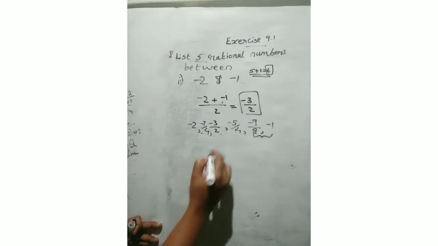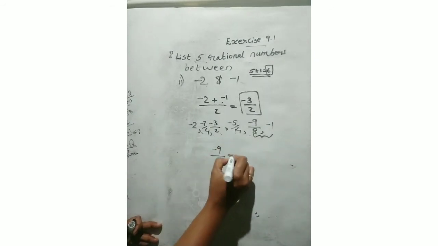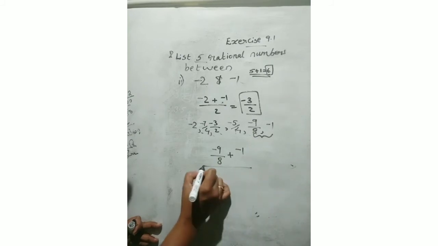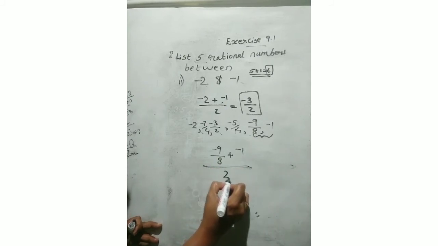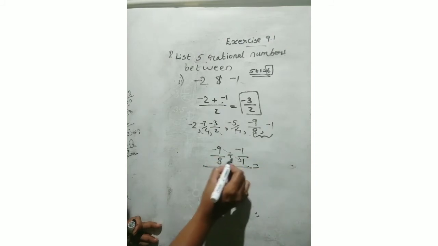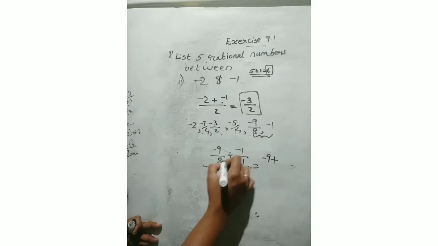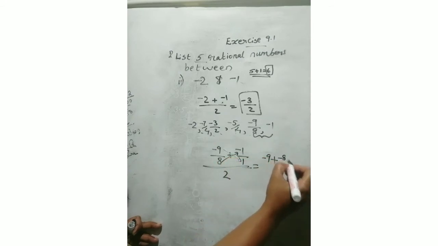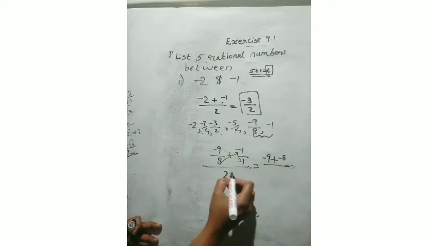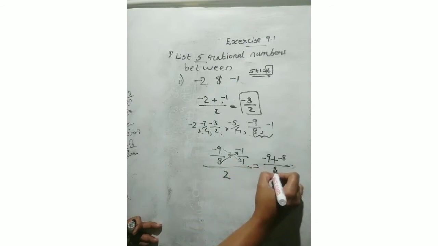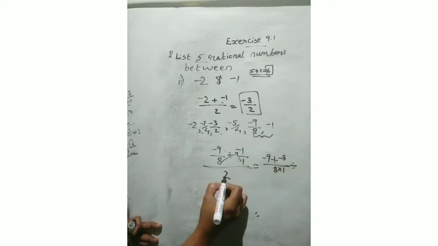Then negative 9 on 8 plus negative 1, the whole divided by 2. Okay. Then here 1 will be there. Negative 9 times 1, negative 9 plus 8 times negative 1, that is negative 8. Then 8 times 1 divided by this 2.